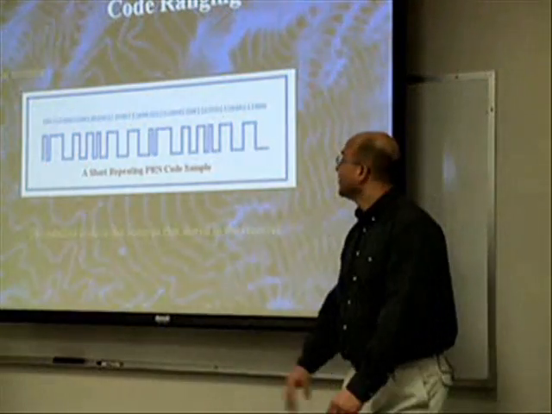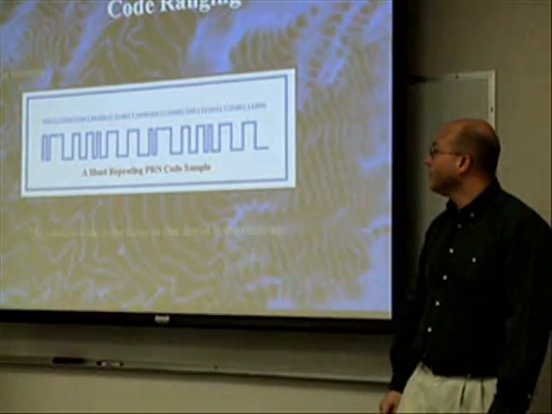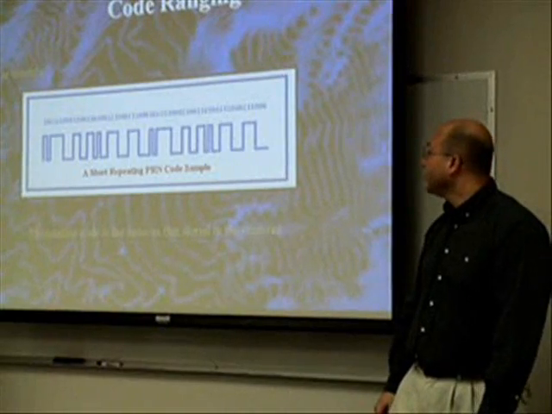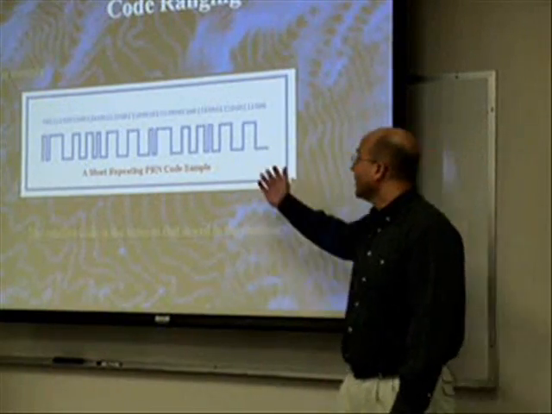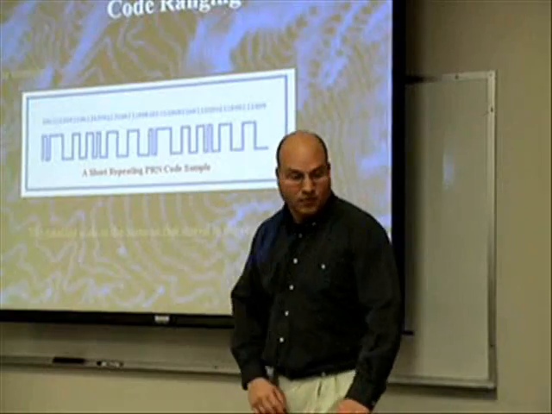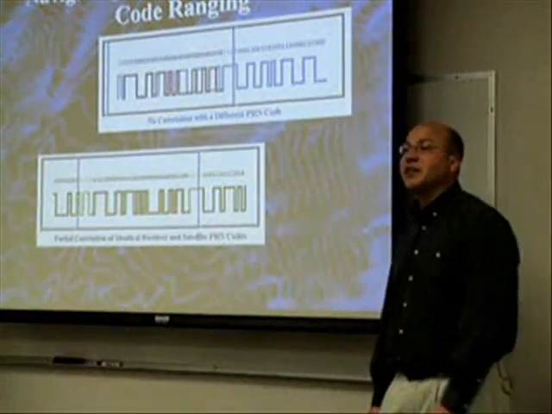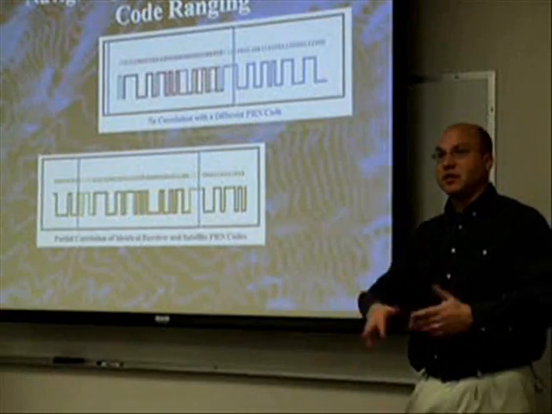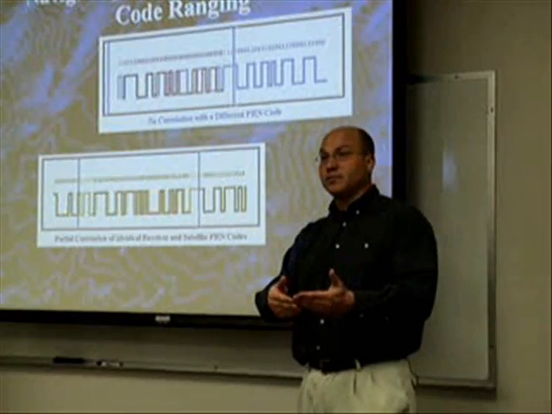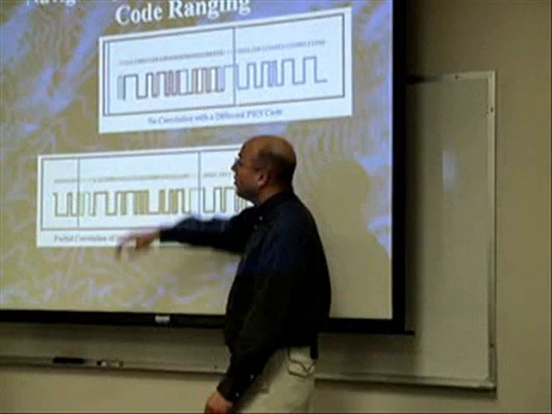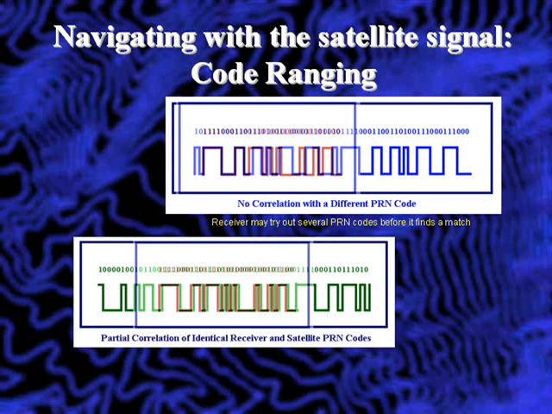So how that works is, that would be some basic pseudo-random noise code. For example, the CA signal, zeros and ones, and then we try to match it to another signal that we produce in our receivers.